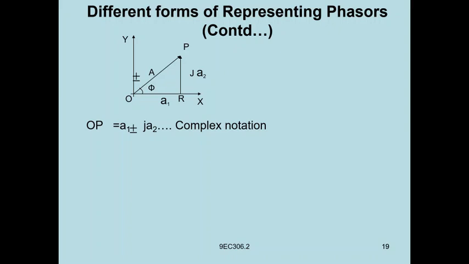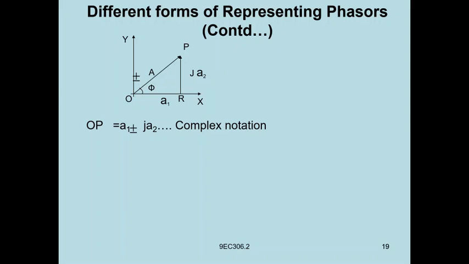This OP can be represented as A1 plus jA2. Here A2 is the phasor at 90 degrees. This 90 degrees can be represented by the imaginary term, so A1 plus jA2. OP is the phasor, that is A1 plus jA2. This is complex notation and it is called rectangular form.